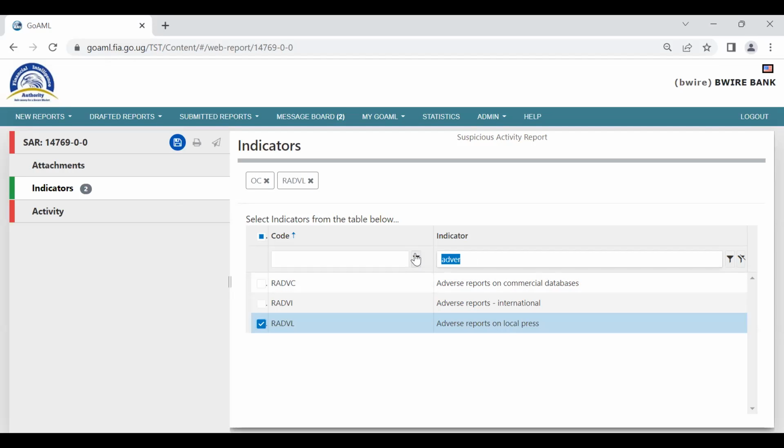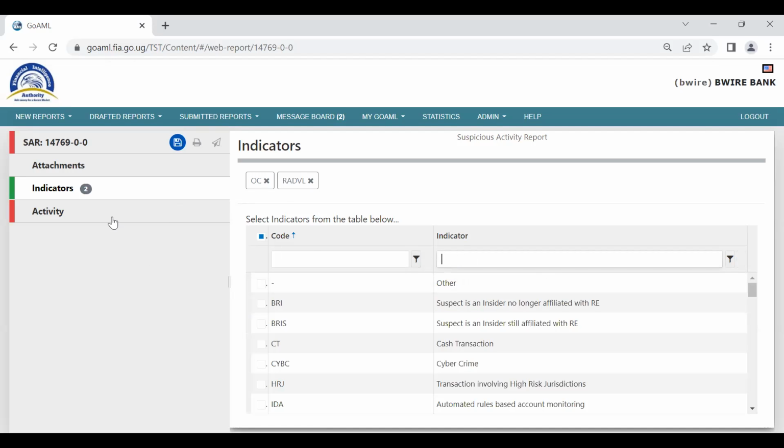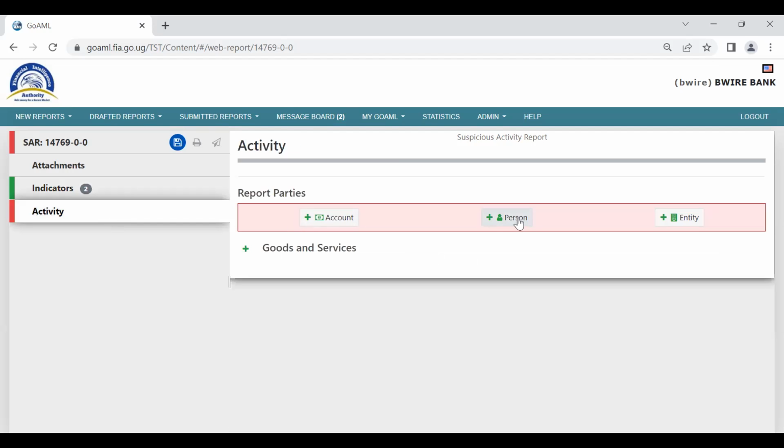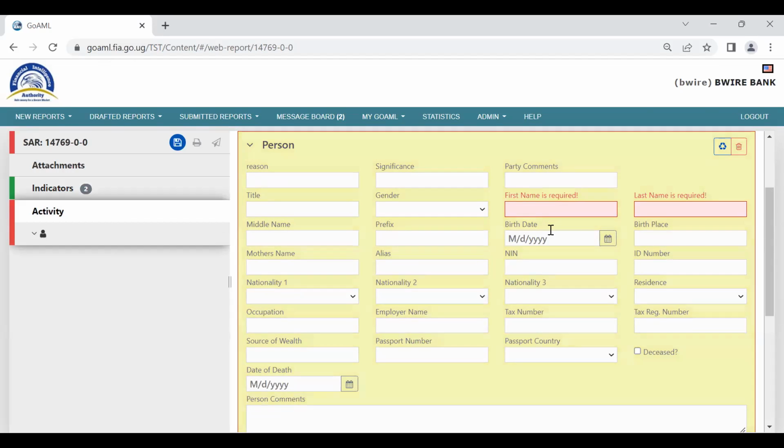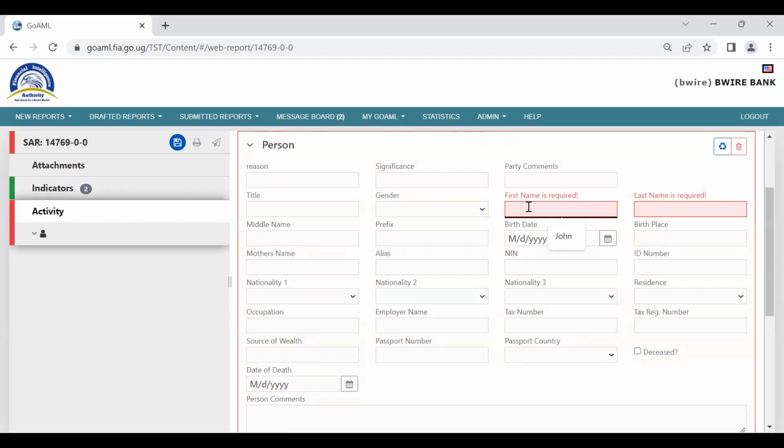So indicators are what tipped you off. And in the activity, we can capture the entity, which is the one that is fleecing people. You can capture the person, and in this case, the person who was involved, that's his name.